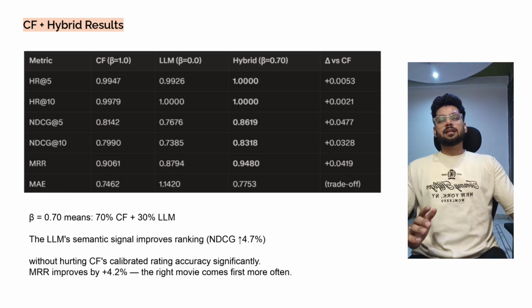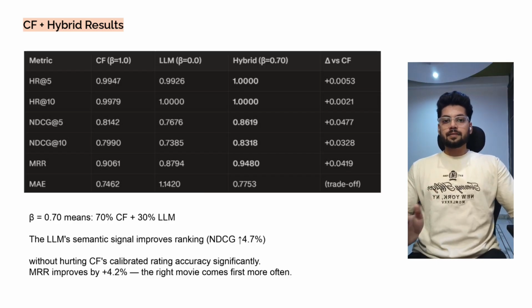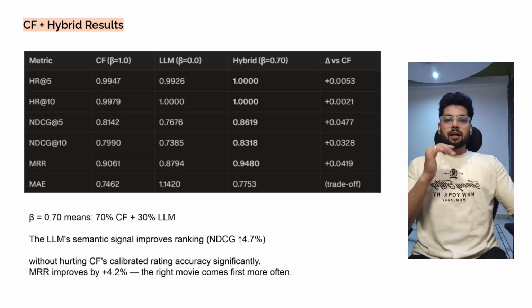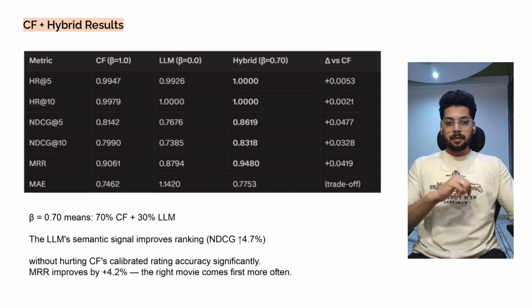The semantic signal is improving ranking quality without breaking the CF's calibrated ranking accuracy. The trade-off we came across is that the MAE only goes from 0.746 to 0.775, which I would say is a small, acceptable trade-off.